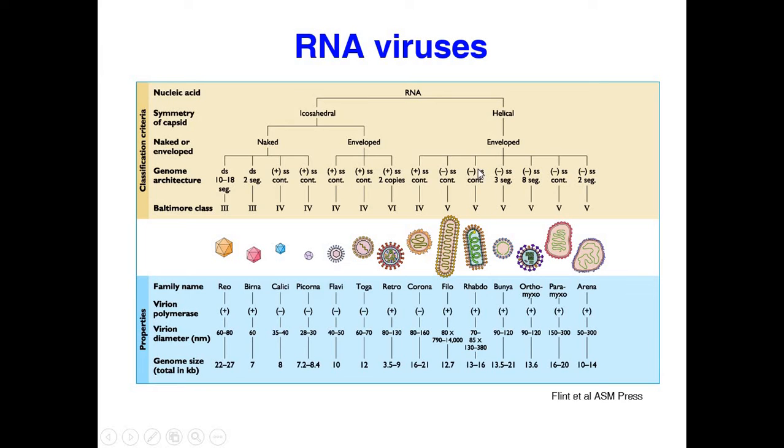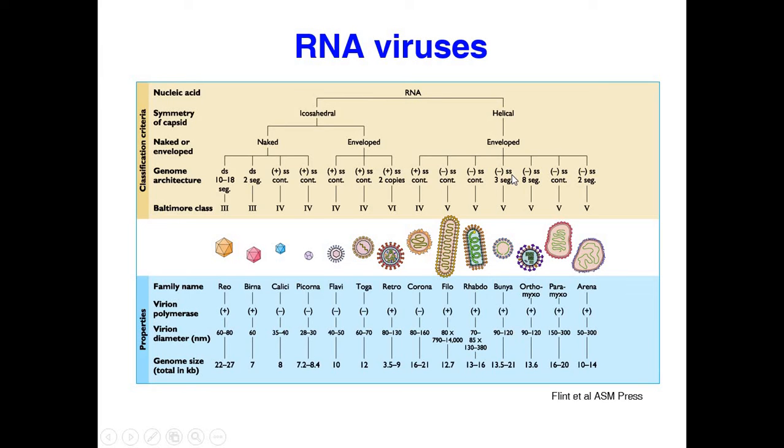Another example of negative sense single-stranded RNA viruses present in group 5 is rhabdovirus, which also has polymerase enzyme. The size is 70 to 85 nanometer or 130 to 380 nanometer. The genome size is 13 to 16 kilobase pair.